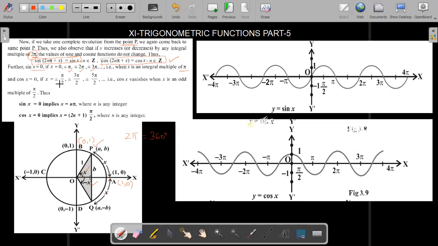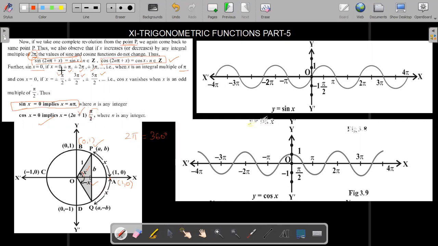And cos will be 0 at pi by 2, 3 pi by 2, an odd multiple of pi by 2. So we can say sin x is equal to 0 if x is equal to n pi, an integral multiple of pi, and cos x will be 0 at an odd multiple of pi by 2.